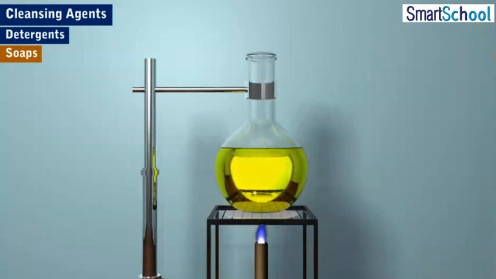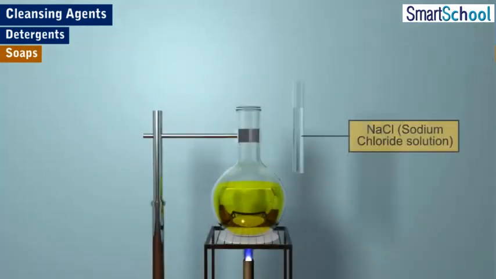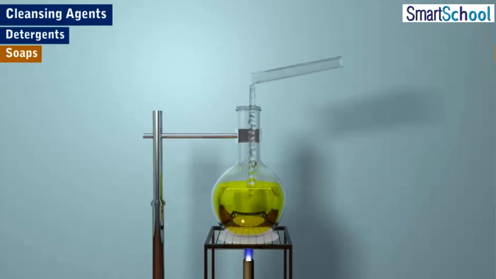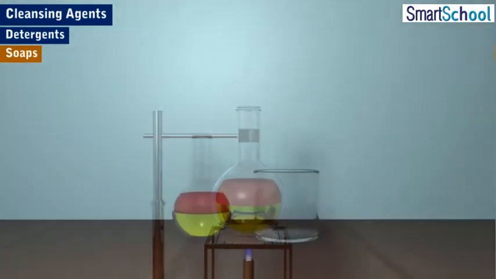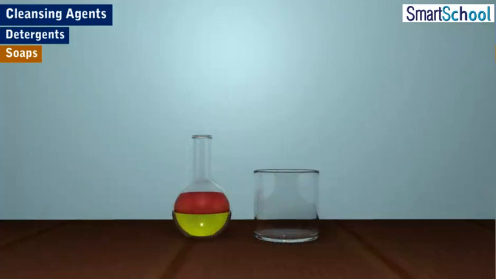The soap and the glycerol are separated by adding concentrated sodium chloride solution to the mixture. The glycerol dissolves in the salt solution, but the soap is insoluble and hence floats on the surface of the solution from where it is removed.